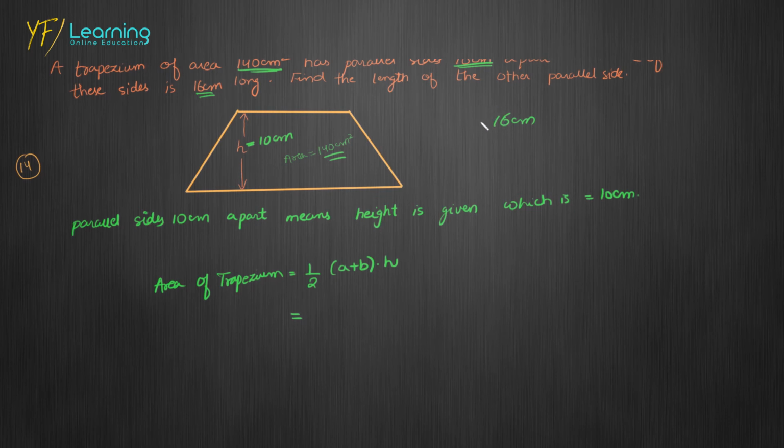It may be A or B, but one side is given. So let's find half times A plus B. Let's suppose this side is B. So A plus 16 cm, times the height, which is 10 cm.